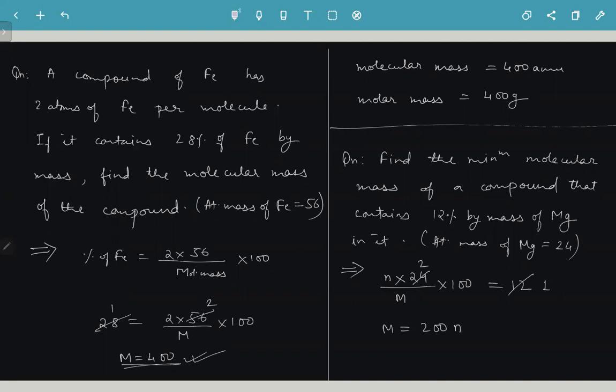Okay. For minimum value of m, we'll take n is equal to 1. Therefore, m is equal to 200. So minimum molecular mass is 200 amu. Molar mass will be 200 grams. Is this clear?